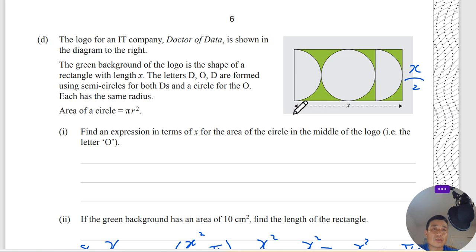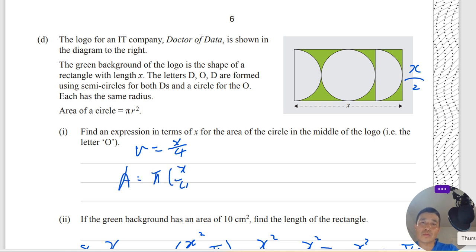So you see because this is x and you see it is altogether 2 circles, right? So it means to find the radius r, that is r must be what? x over 4, right? So you just plug that into r. So a equals pi times x over 4 squared. So which is what? x squared over 16 pi is the area of the circle.